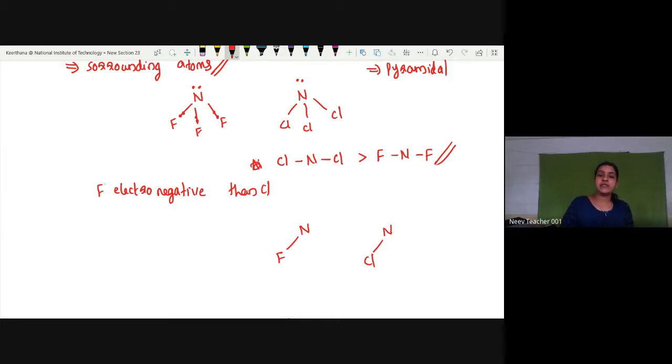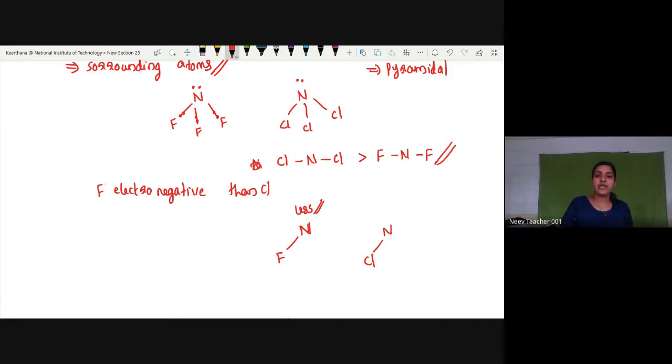So when you're comparing the NCl and NF bonds, the electron cloud density around nitrogen will be less in NF. Is it clear? Yes, ma'am. We are talking only about the electron cloud density around the central atom, and that can be influenced by the surrounding atom.